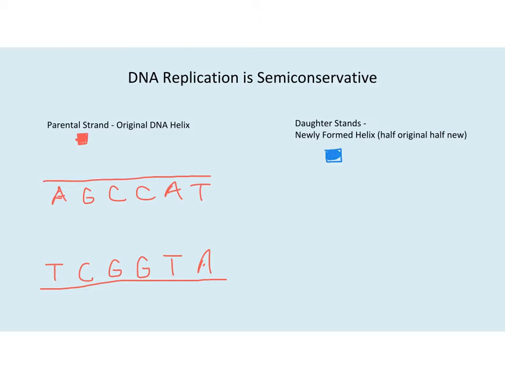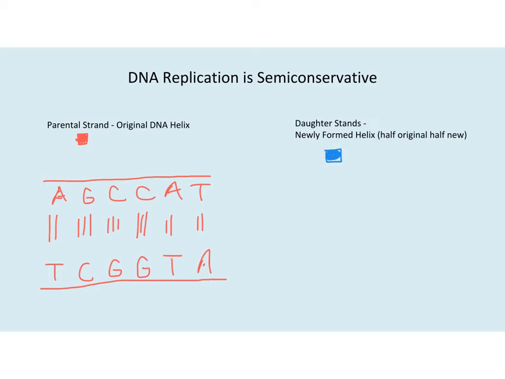That's how DNA is made. And we also know that there are 2 bonds between A and T, and 3 bonds between G and C, connecting them together. So there's my original DNA strand.